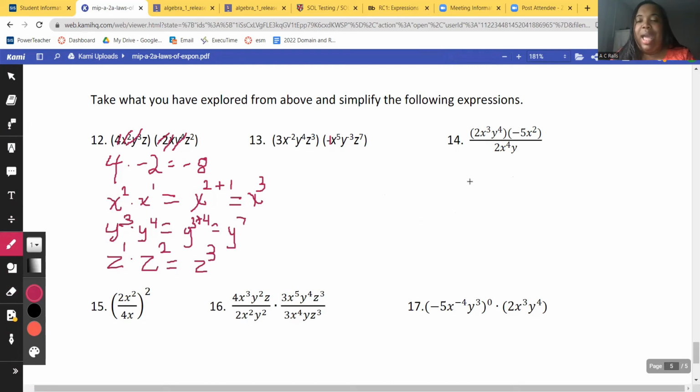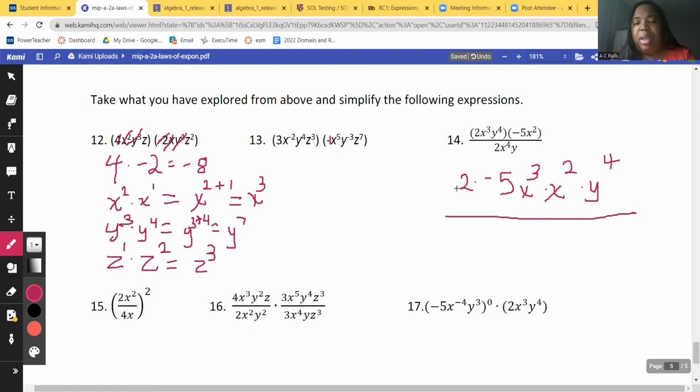All right, I see that I have a 2 and a -5 on top, so I'm going to put those together. I have an x to the 3rd on top, and I also have an x to the 2nd on top. And then I have a y to the 4th on top. What I have found is if you rearrange it, it helps you to focus a little bit more.